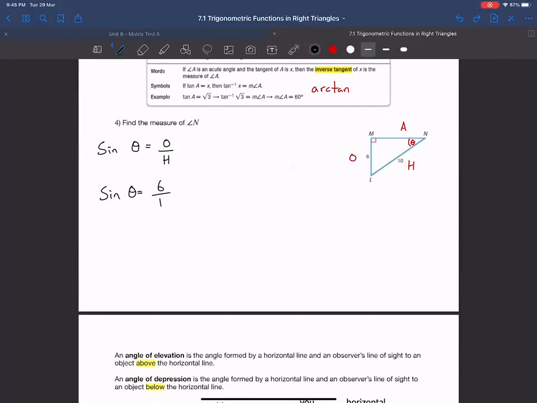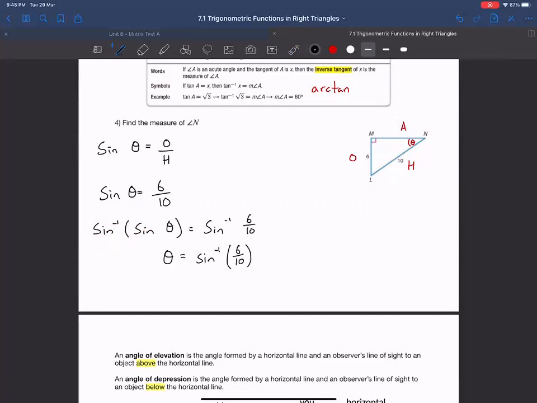So what we're really doing is we are taking the sine inverse, or the arc sine, of both sides. And what's happening is this sine inverse and this sine are canceling out. And so we just get here that my angle theta is equal to the sine inverse of 6/10.